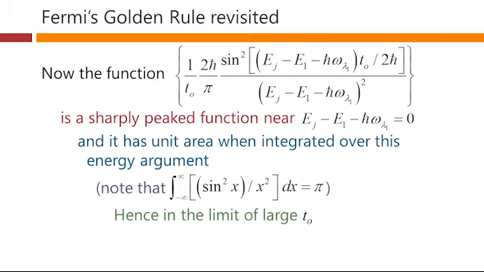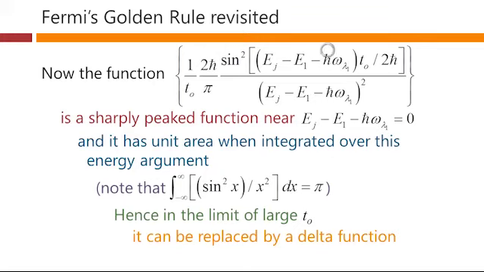Hence, in the limit of large t0, this object can be replaced by a delta function. It's a sharply peaked function near a specific value of an argument that has unit area. And in the limit of very large t0, it gets as sharply peaked as we like, while still keeping the unit area.